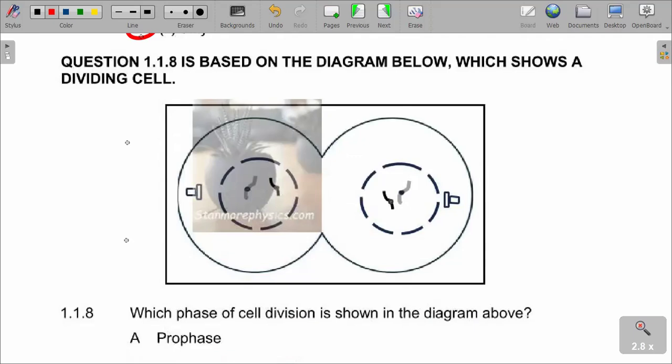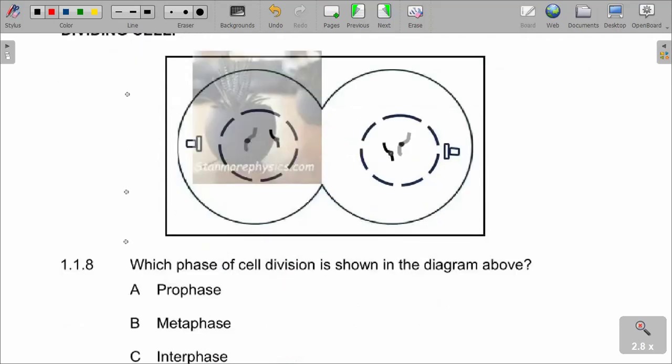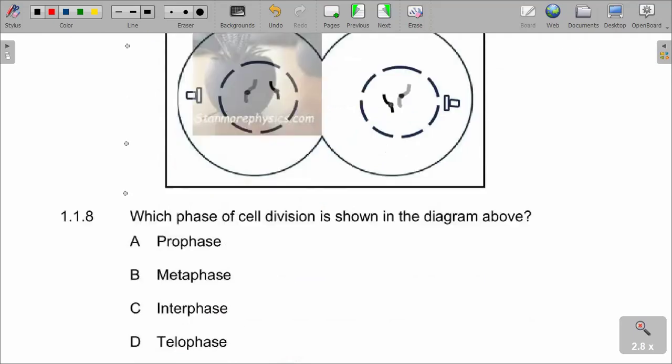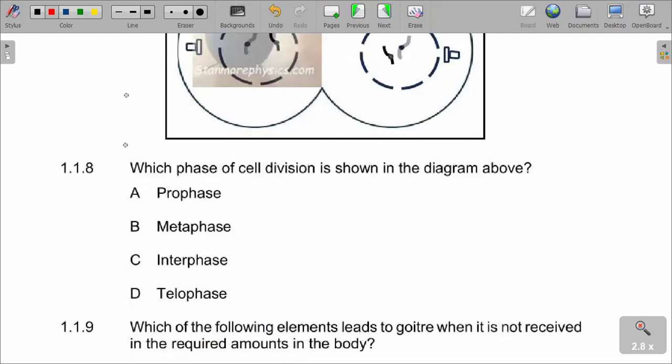Cell division is also shown there. Like I said, cell division is very important for you to note. We have to understand that we have prophase, metaphase, interphase, and telophase. The question is asking which phase is shown in the diagram. In metaphase, the chromosomes align at the equator.